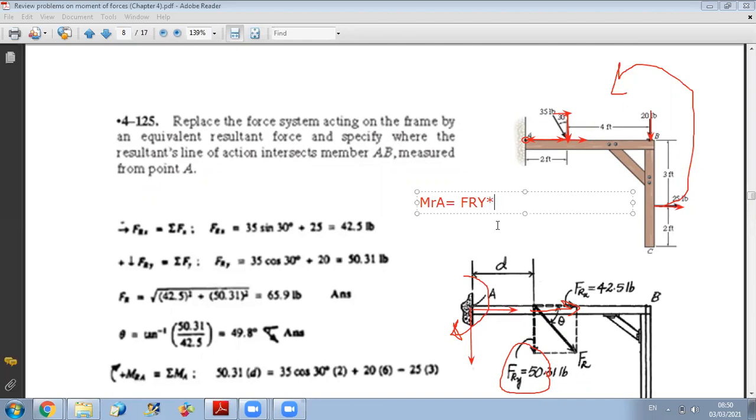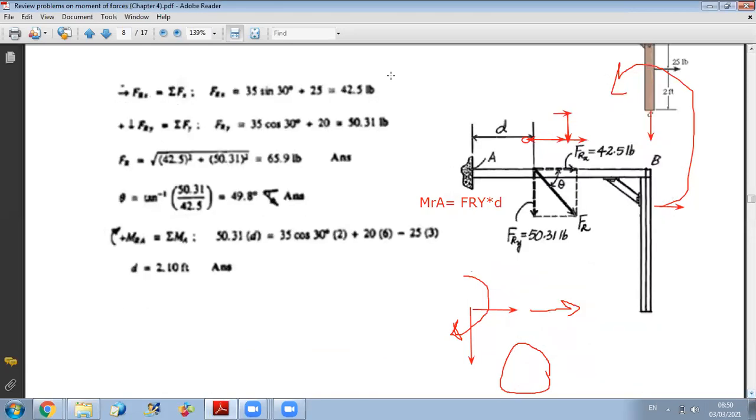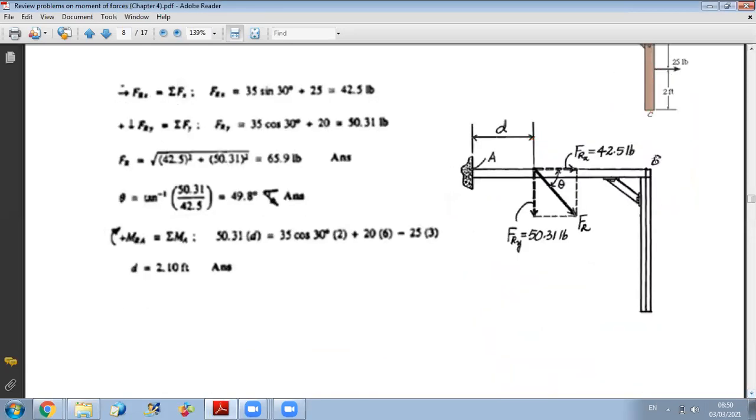Now, once you find the distance D, you reduce your system to a single force. But from this result, you can deduce what is the point where I can put my force on BC in order to obtain an equivalent system. How to do this? It's very simple. If I displace my force along its line of action, I will not change anything.